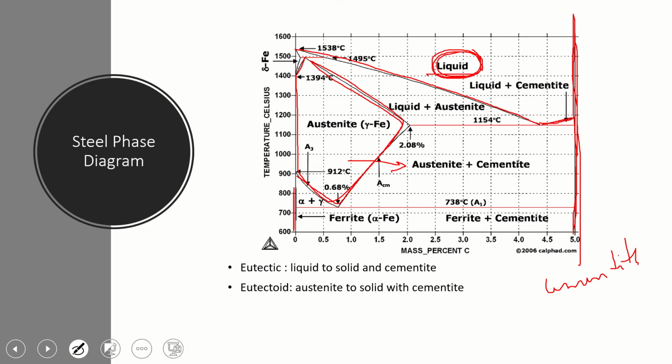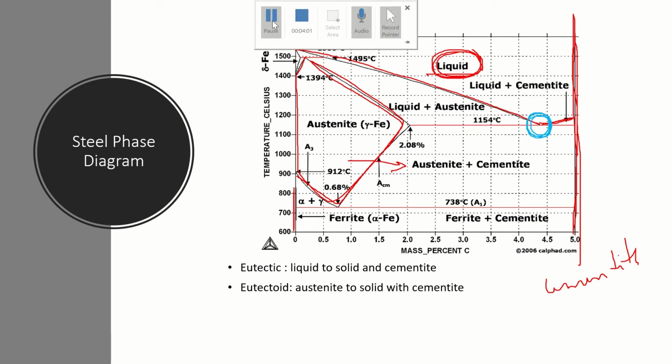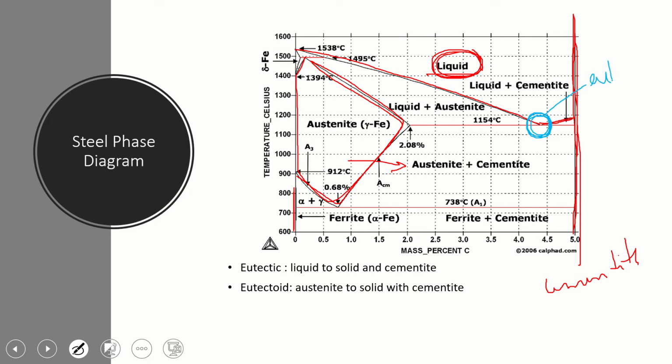eutectic point happens when you go from pure liquid to liquid plus solid, and that is happening right here. So in this case, this is where the eutectic point is, and this line is where the eutectic reaction is happening, right at this temperature right here.